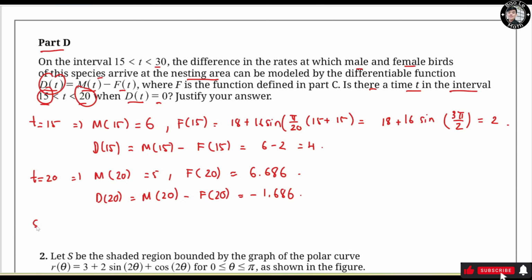Now since d of t is continuous and d of 20 is less than 0, which is less than d of 15, the intermediate value theorem guarantees there is at least one time t in the interval 15 to 20 such that d of t equals 0.